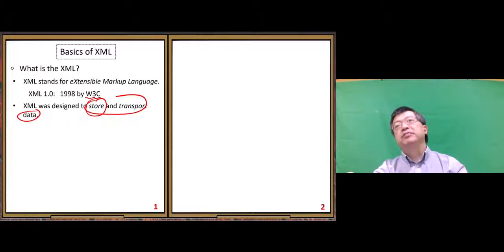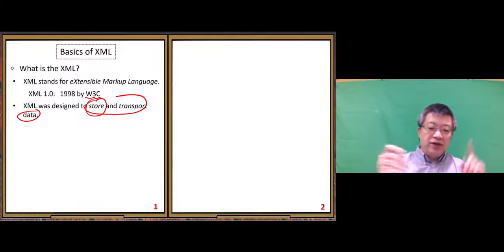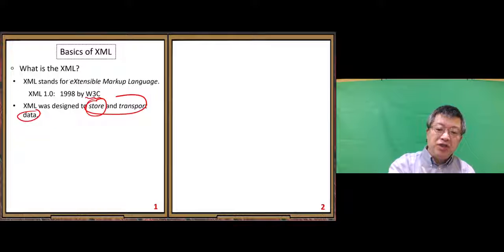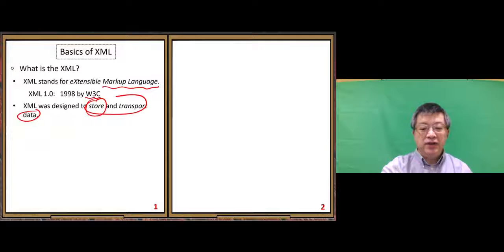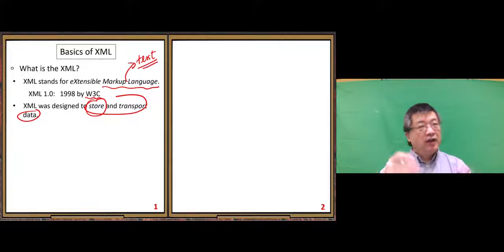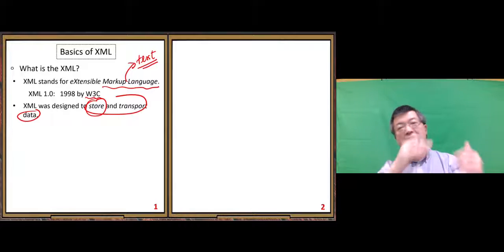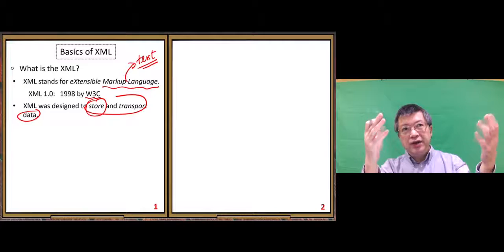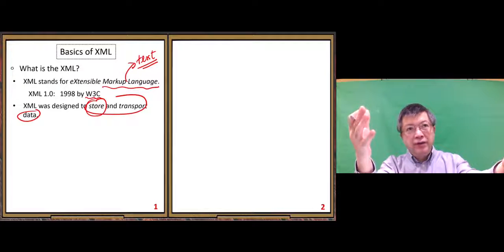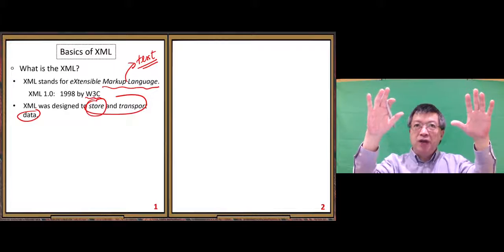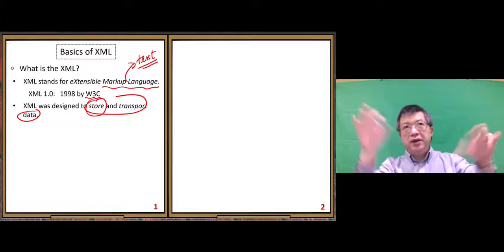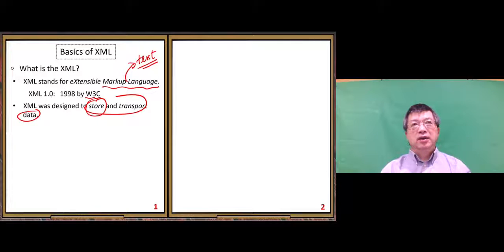First, XML is a markup language, so it is a text format. XML files are text files, so they are viewable. You can use a text editor to open the file, see the content, and do the editing. But that's not very special.